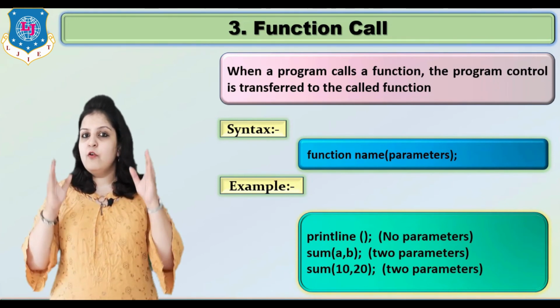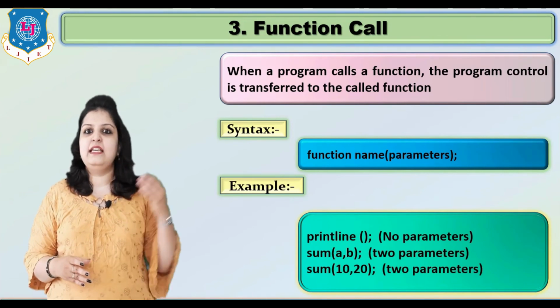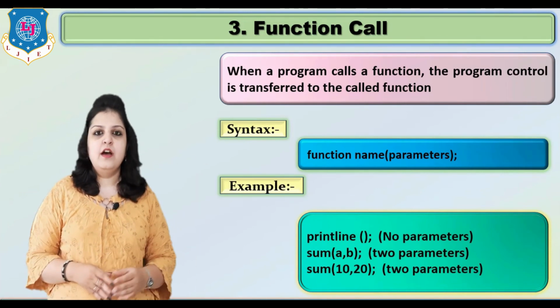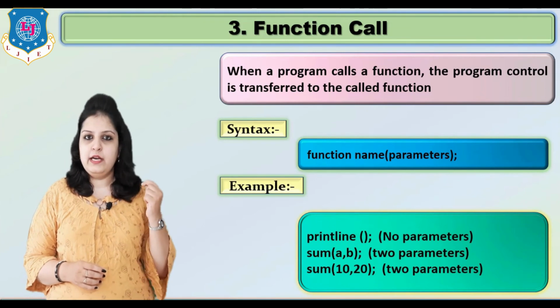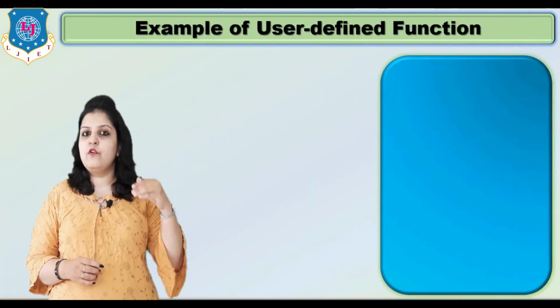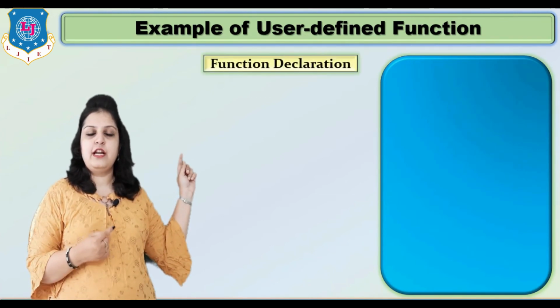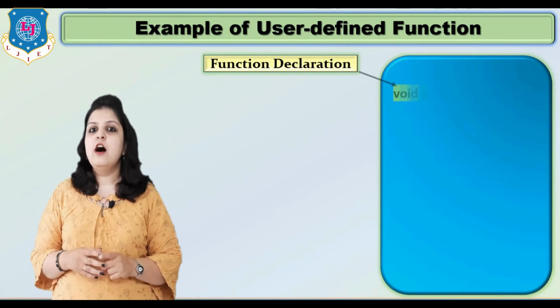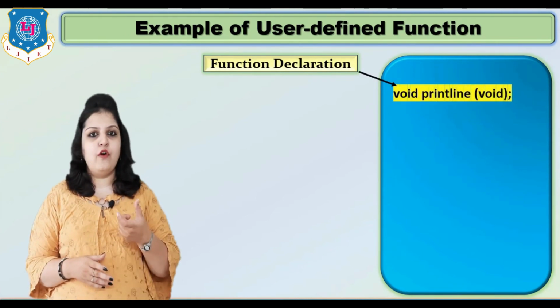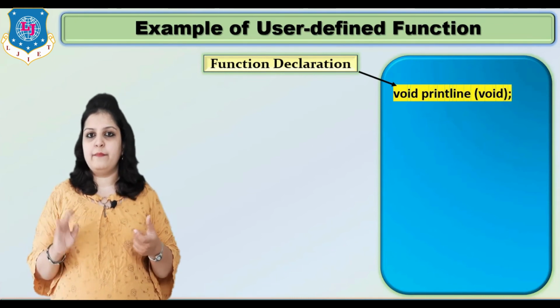And how can we write the whole program using these three elements? Let's see one example. The first part is to include the header file, and then we have to declare our function before the main. So first write the function declaration, that is void println void. Here our return type is void because our function returns nothing.